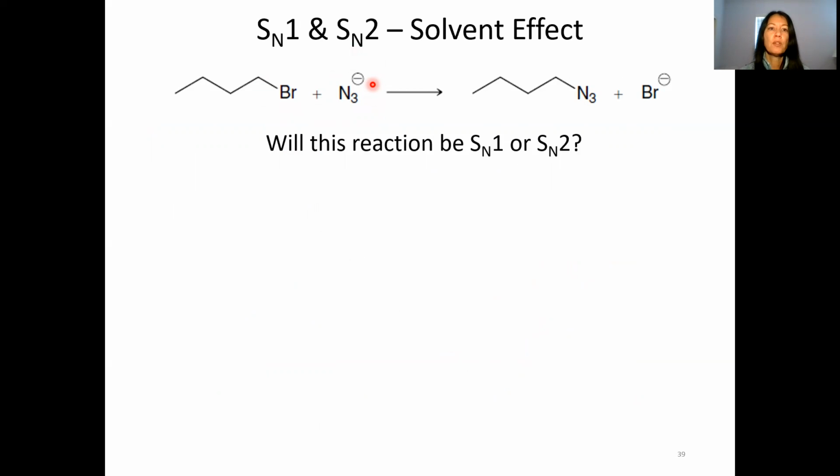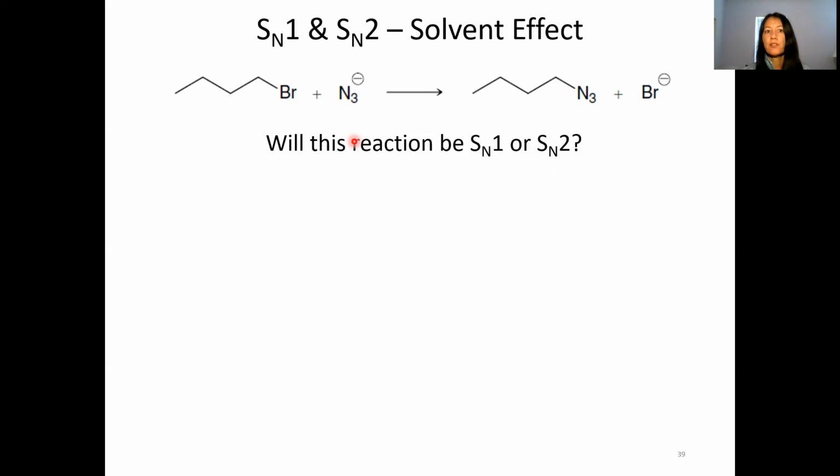So just focusing on SN1 versus SN2, you got to go back to those tips. Primary carbocations don't like to form. So this does not want to leave. And so having this substrate as a primary alkyl halide, this azide as a strong nucleophile, this will likely occur through an SN2 reaction.